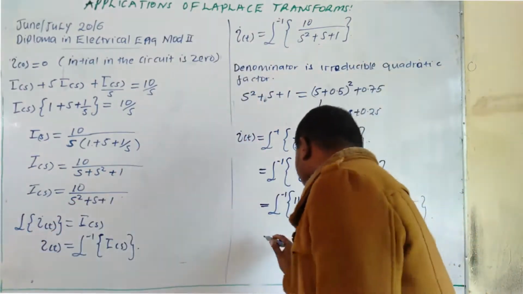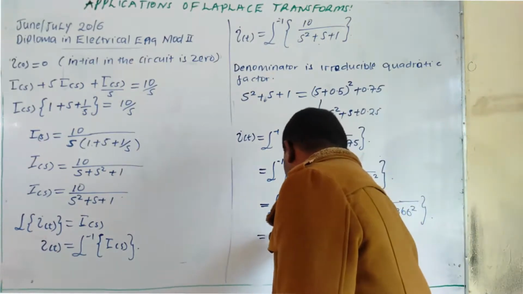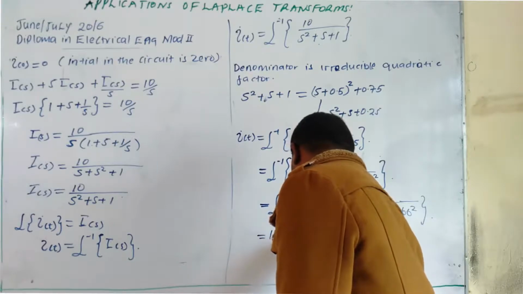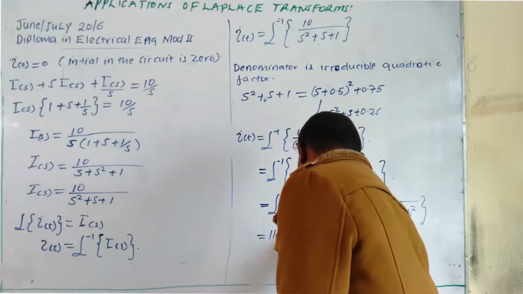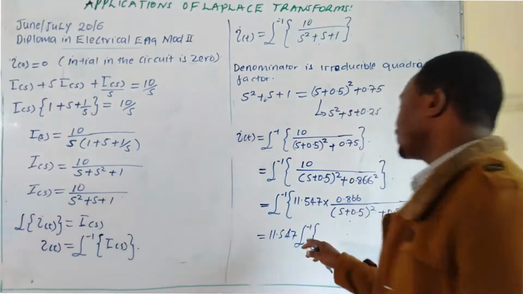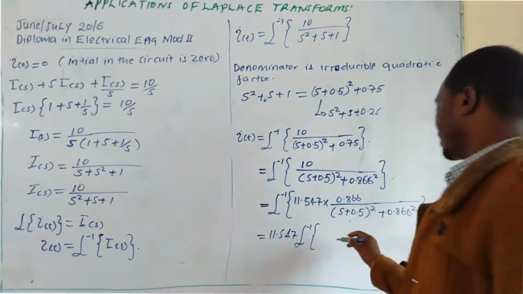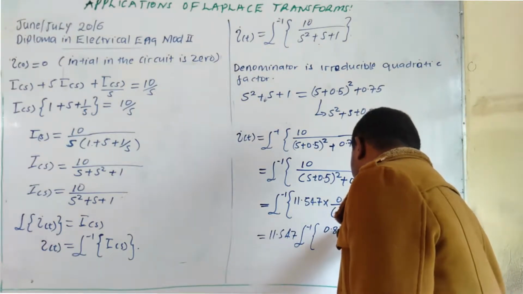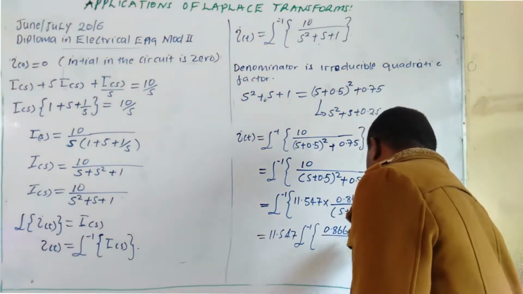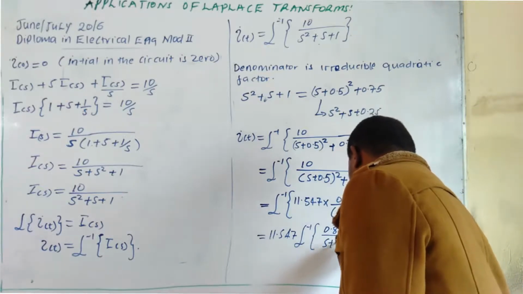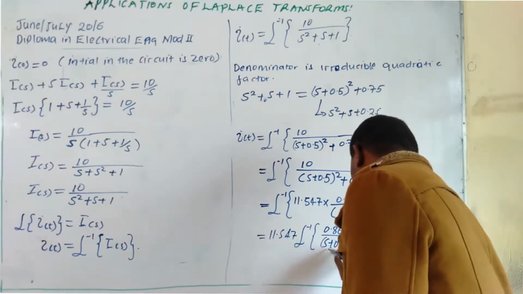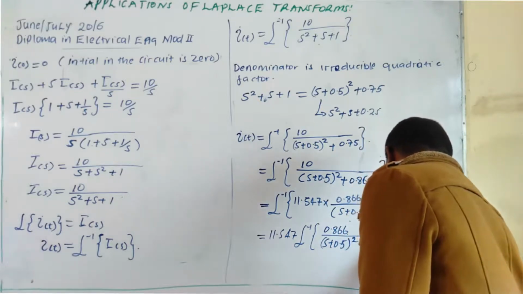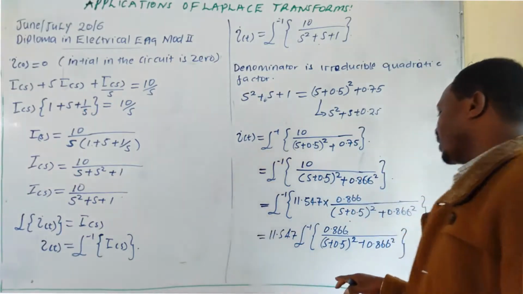Finally, this is 11.547 times the inverse Laplace transform of 0.866 over (s plus 0.5) squared plus 0.866 squared, because we always take the constant outside.